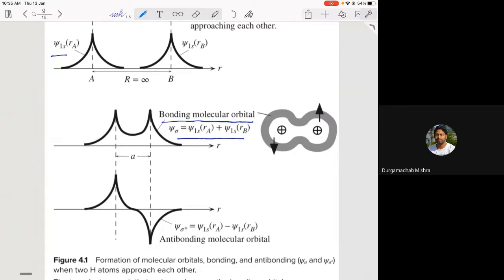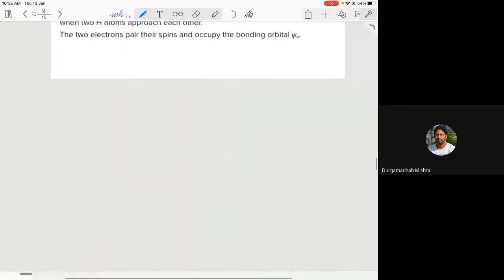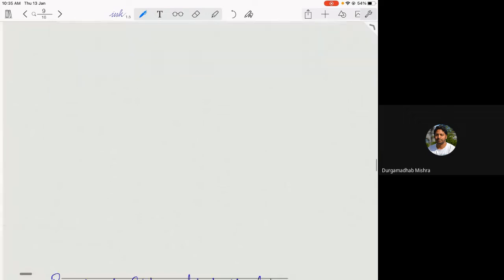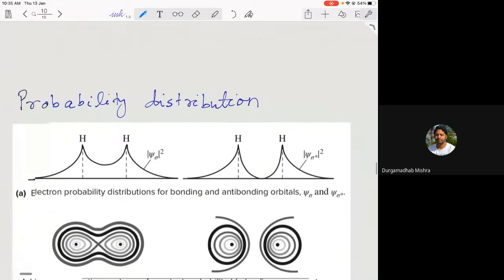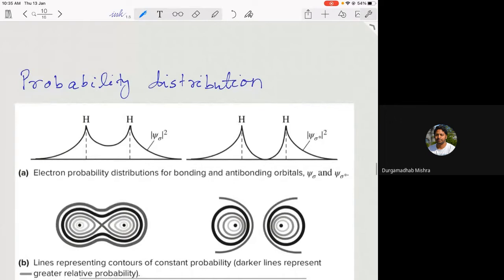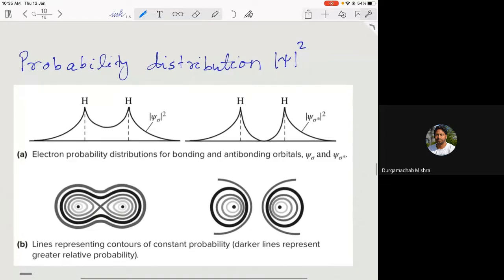And what is the probability distribution? Normally, if you have a wave function, the modulus square of that wave function is your probability distribution. It says what is the probability of finding the electron in space.